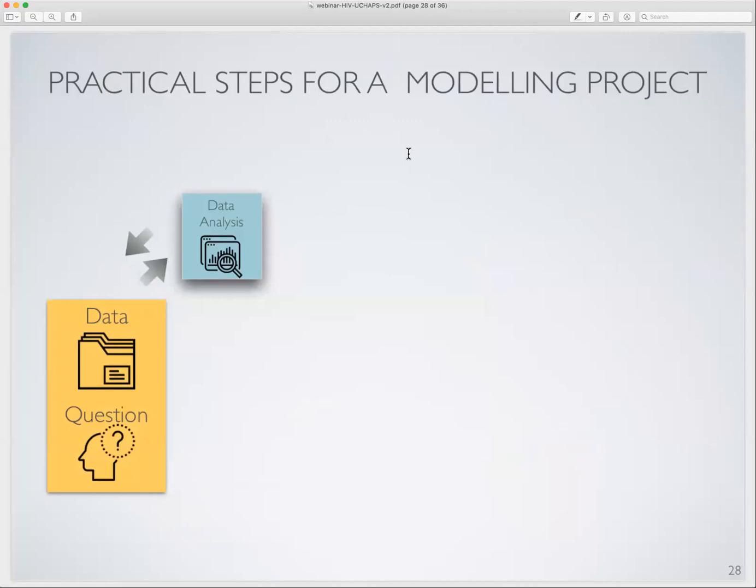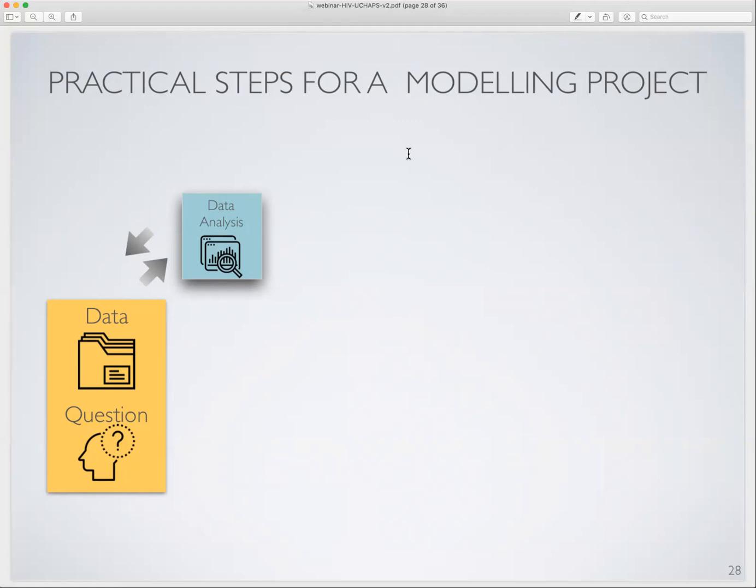So now let's wrap up what we have seen with all these examples. So in a mathematical modeling project, your question drives everything. And next, the data available will also shape how the model will be made.